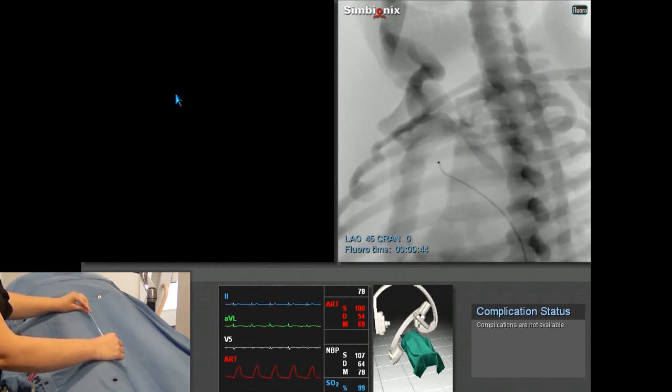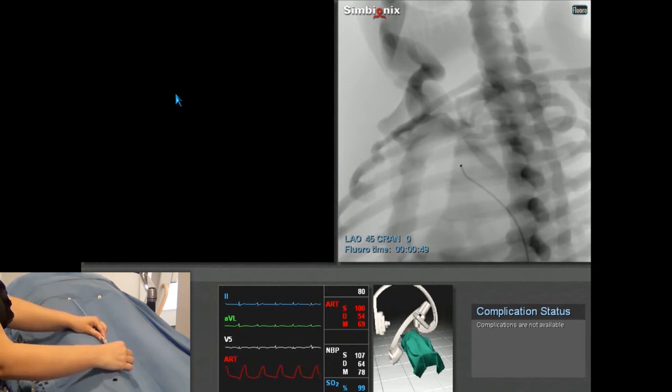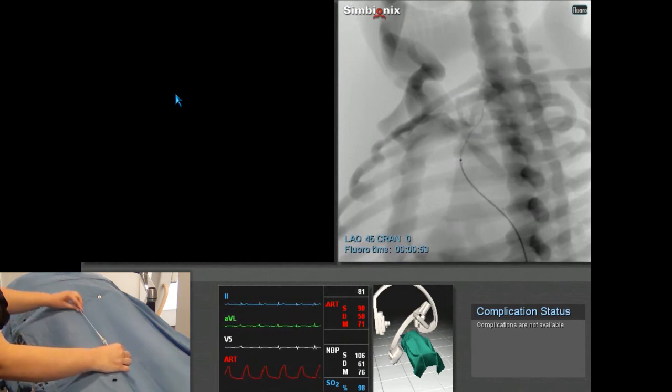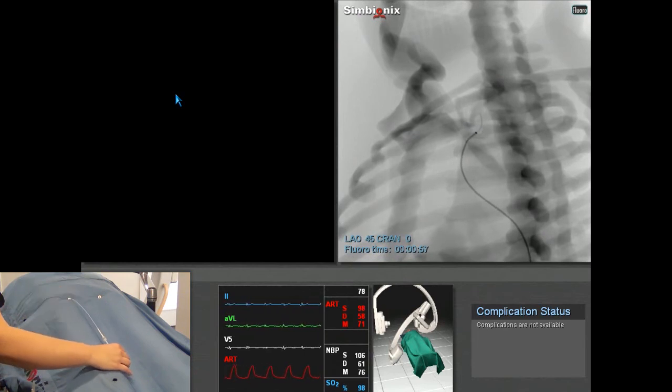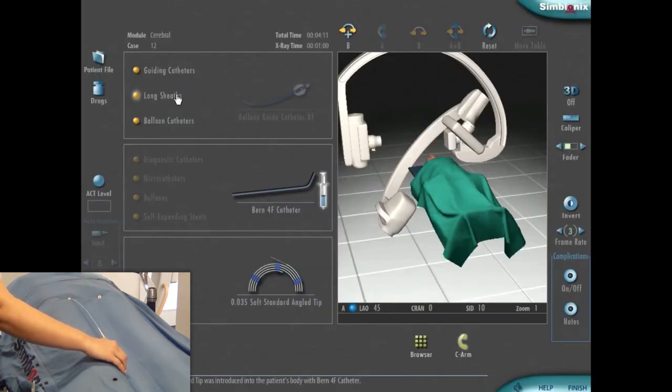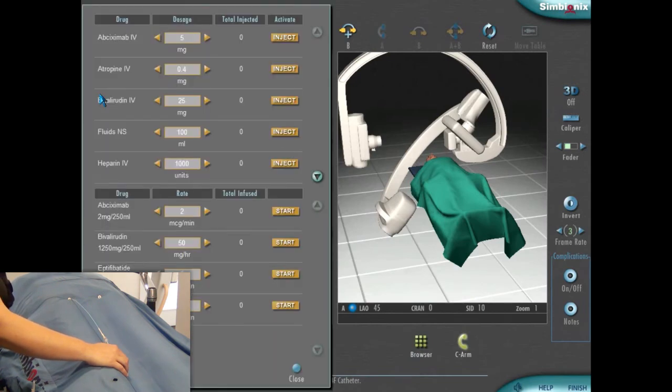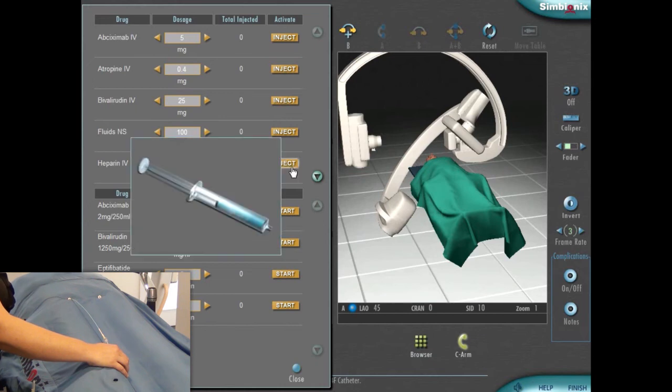And as it straightens, you see that you're in the innominate artery, and you pull a little farther, and that should be the left common carotid. So you notice here that the operator is selecting to give heparin.